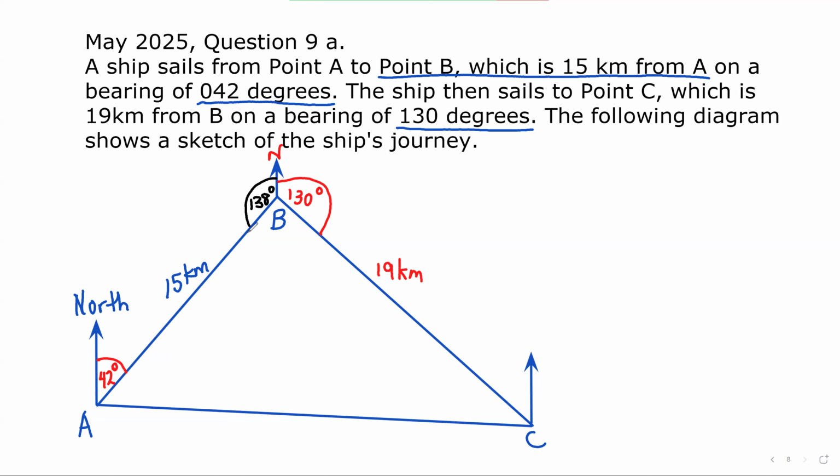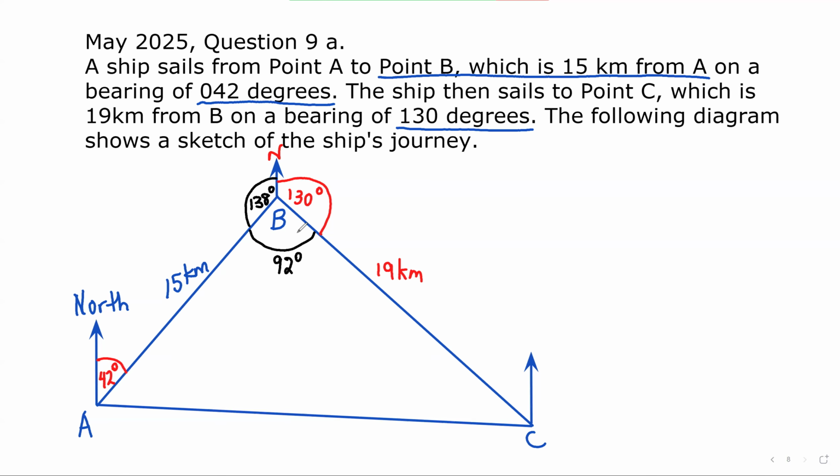So this angle on the inside here, I can figure out because the 3 angles, 138, 130, and that angle B, will add up to give me 360 degrees. So I work it out by saying 360 take away 138, take away 130, which is 92 degrees. So this angle on the inside here is 92 degrees.